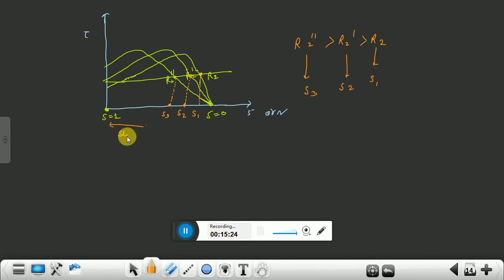Okay, so in this case slip increases here, and the slip decreases here. Slip decreases means speed increases, and slip increases means speed decreases.